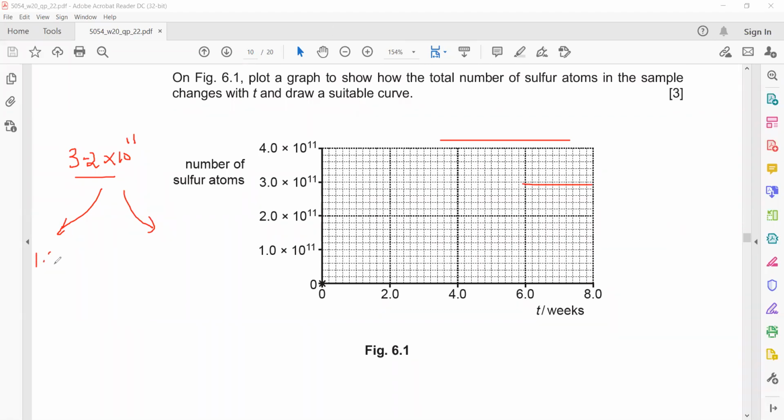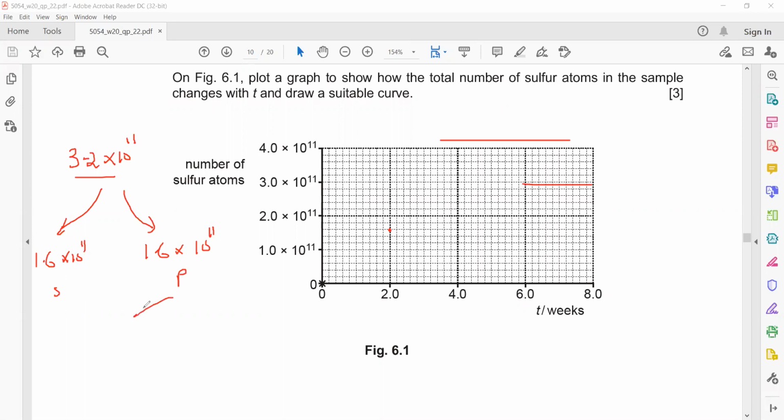So we will have 1.6 times 10 to the power 11 sulfur, and 1.6 times 10 to the power 11 phosphorus. So after 2 weeks we'll have 1.6, each box is representing 0.2, so 1.2, 1.4, 1.6. So this will be the number of sulfur.